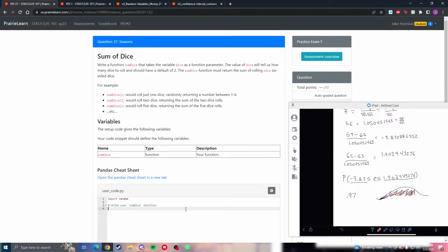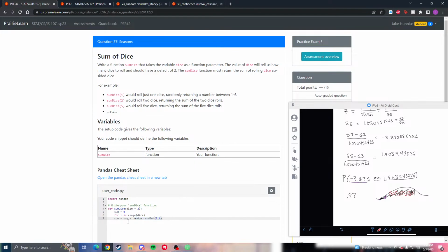Alright, so this is a function with a default value, so def sum_dice(dice=2), and for sum is equal to 0, for i in range(dice), sum is equal to sum plus random.randint(1, 6), because you just want to add a random number between 1 and 6. This is how you roll a die.